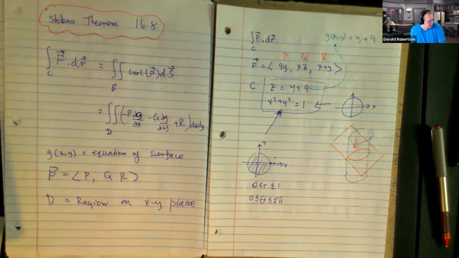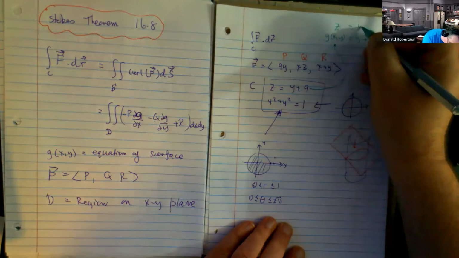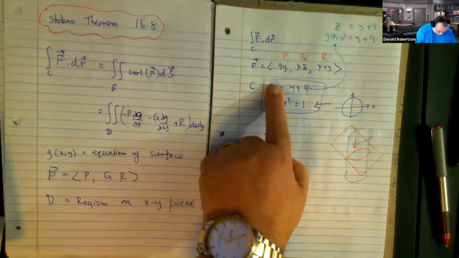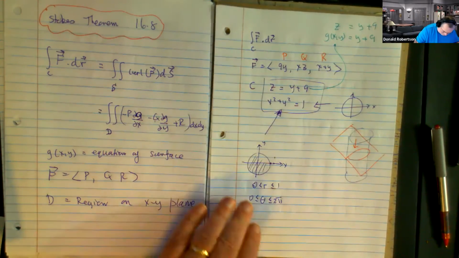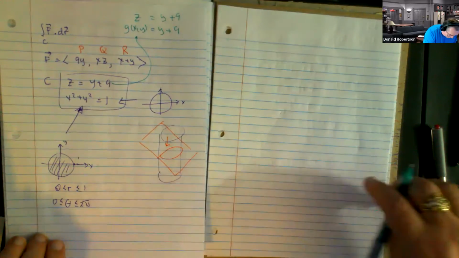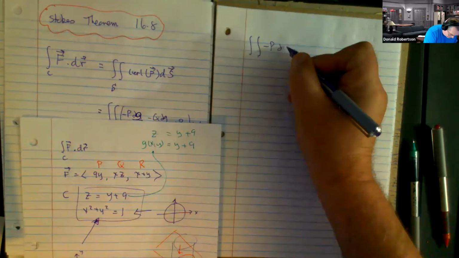Are we cool with that? And it's also called z equals y plus 9. Yeah, does it make it more obvious? Right, I think I've got all the pieces. We're going to calculate this double integral. Writing this guy down again, that way I can hide it.